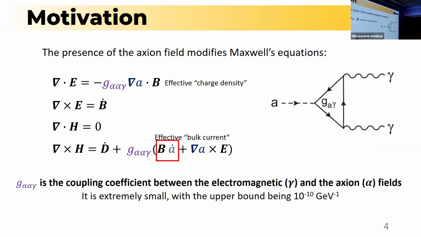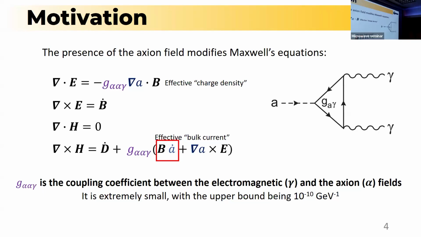Particularly, this A denotes the axion field. And by definition, the spatial derivatives of the axion field are small in comparison to the temporal ones. So the term that will matter for the detection of the axion will be this one that includes the temporal derivative of the axion field.